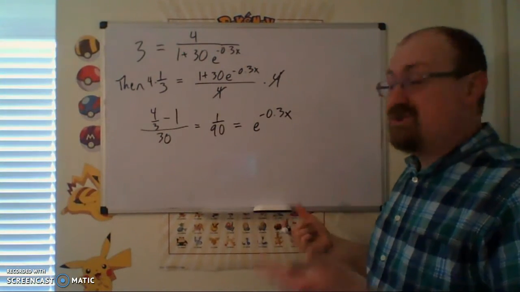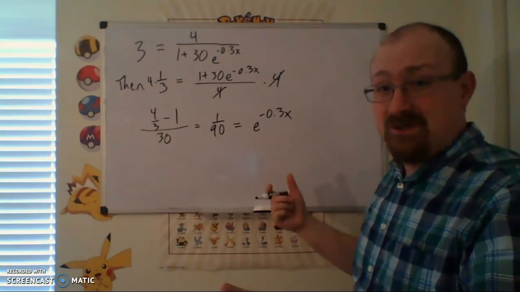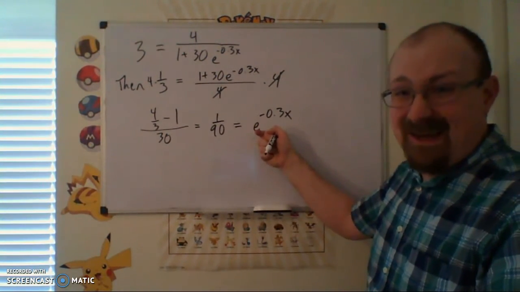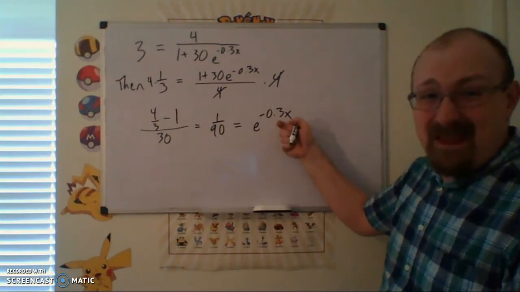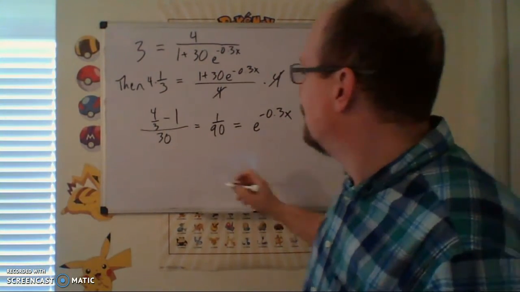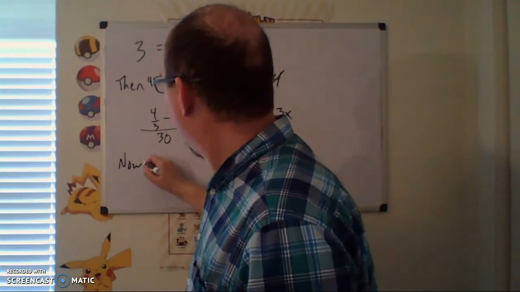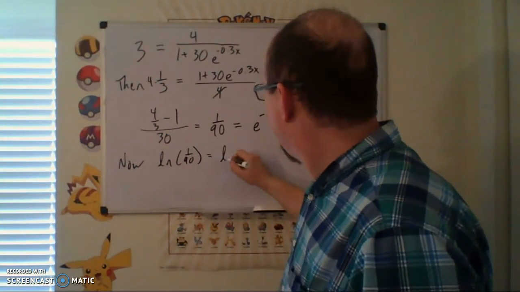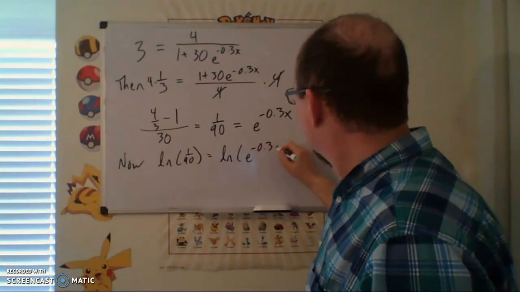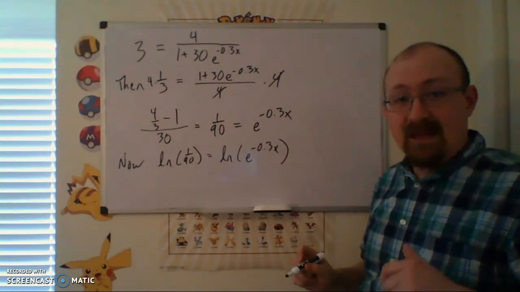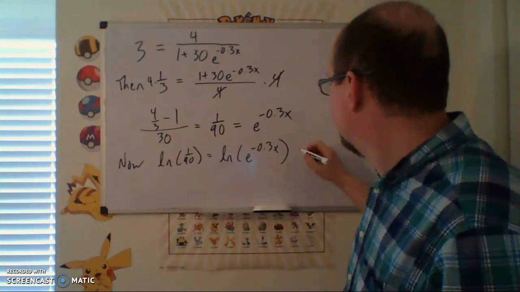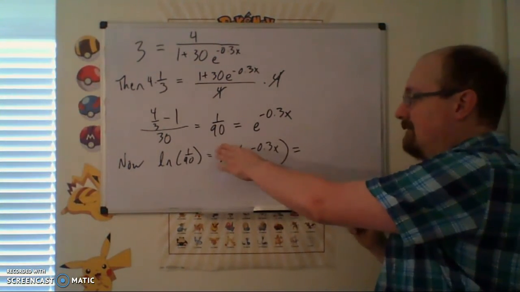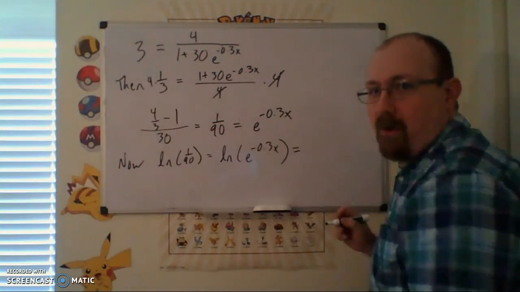So now, just like in the last example, we take a natural log. That's conveniently going to get this e out of the way and just leave us with the exponent, which is the thing we were after. So we got that guy right there. Again, whatever you do to one side, you've got to do to the other. The inverse property, these conveniently see each other clear off the board.